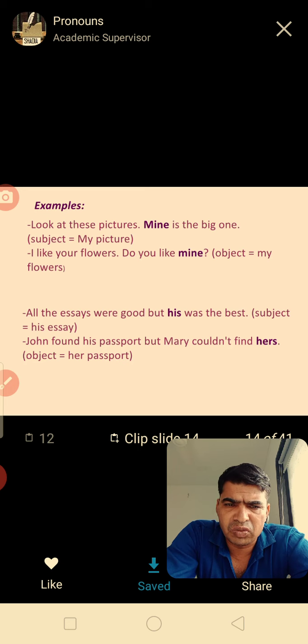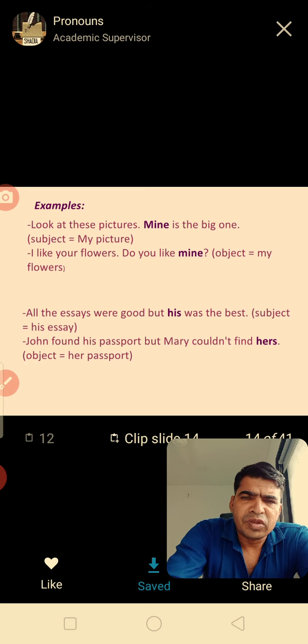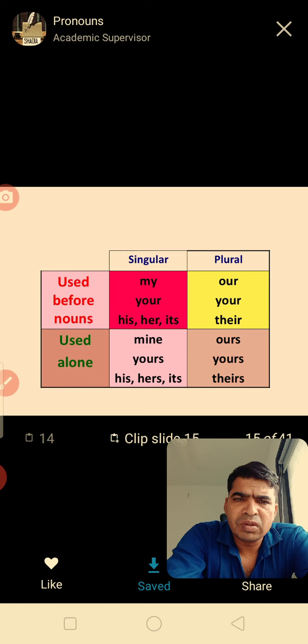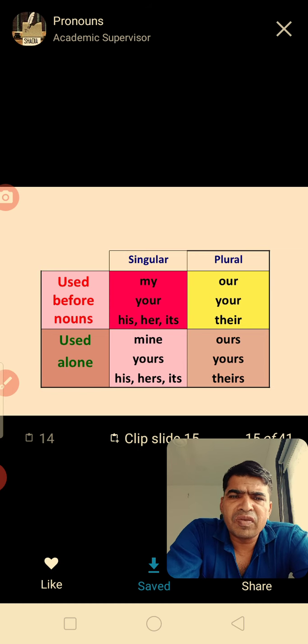Object, her passport. Singular, used before nouns: my, your, his, her, its. Plurals: our, your, their. Used alone: mine, ours, yours, his, hers, its, theirs.